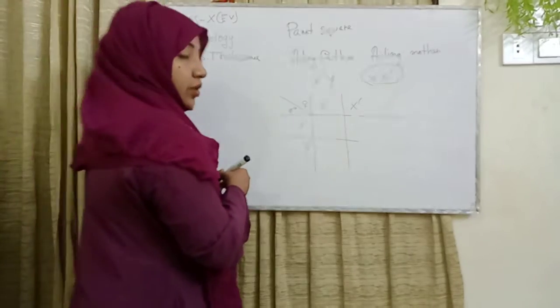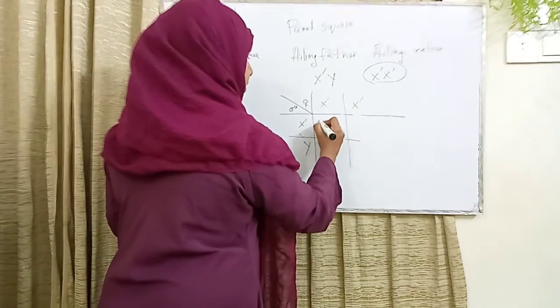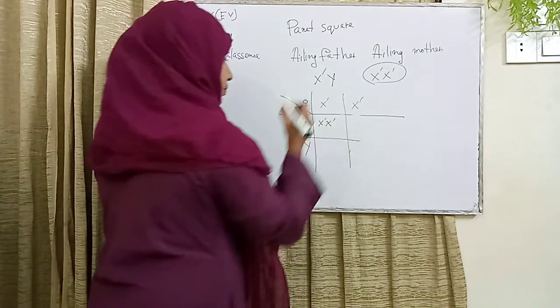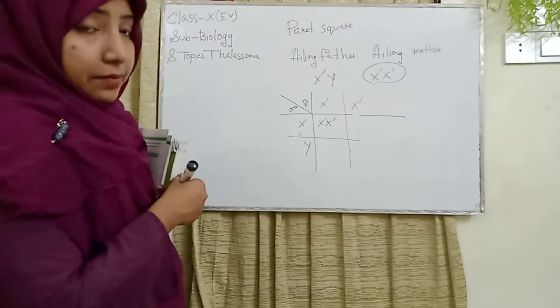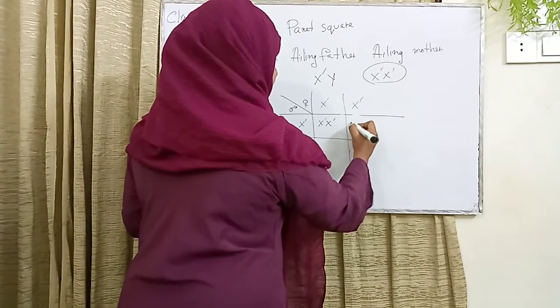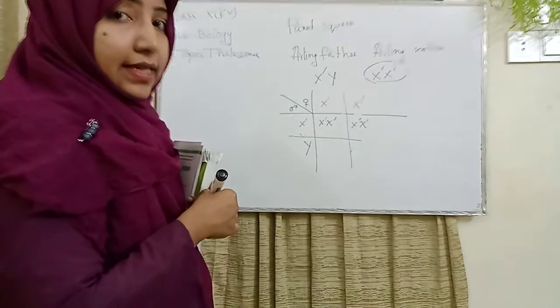Here, at fertilization, X prime and X prime gives an ailing mother, and another X prime and X prime is again an ailing mother.